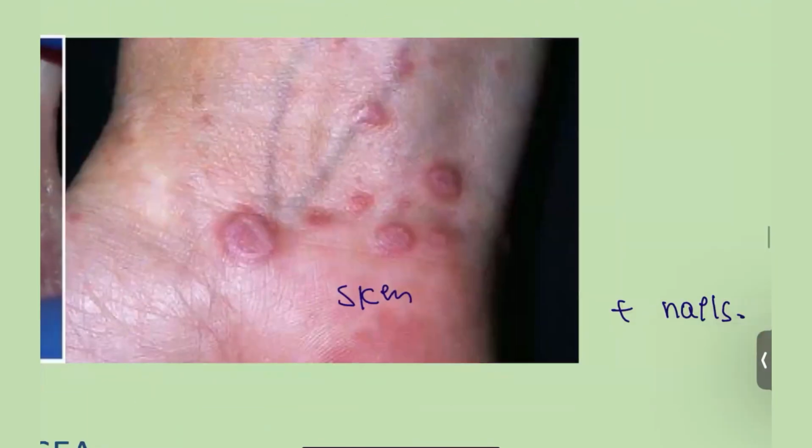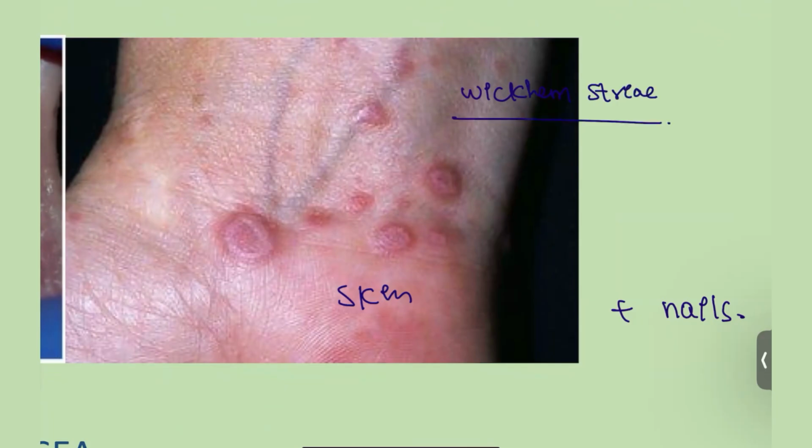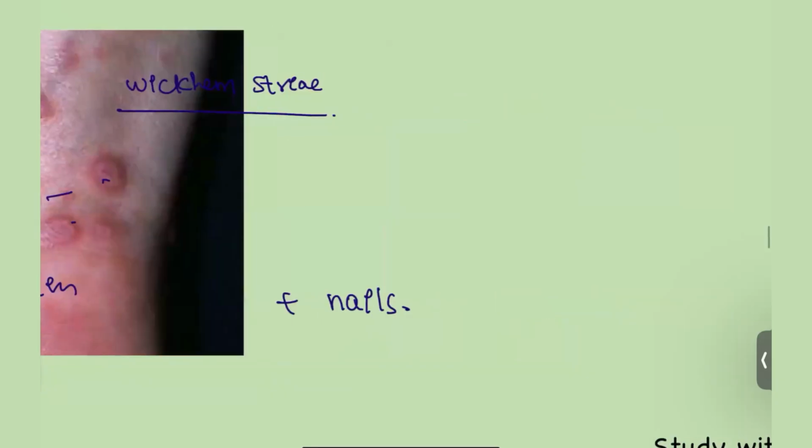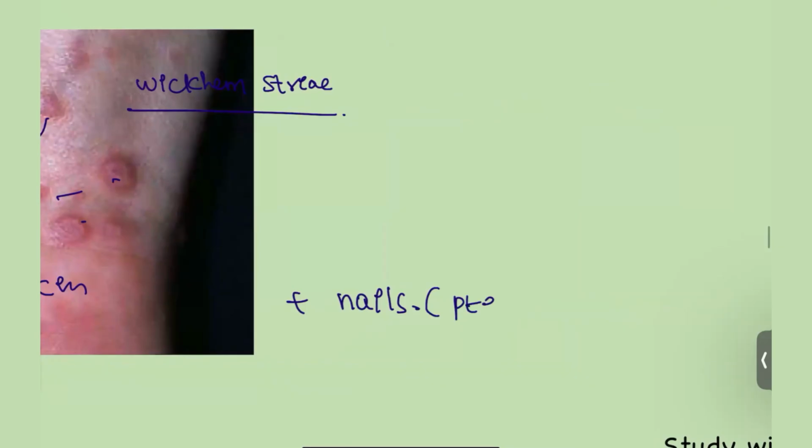And on the skin, you are going to see the Wickham striae, the fine whitish lacy lines that you see over the lesions. And nail changes are pterygium formation, okay, pterygium formation is seen on the nails.